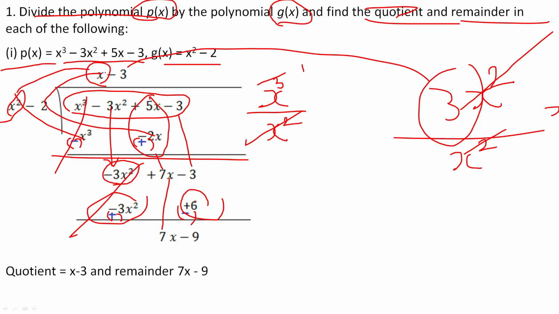Minus 3 plus 6 will make minus 9. This is actually called the remainder, and the top is called the quotient. So the quotient for the given cubic polynomial is x plus 3 and the remainder is 7x minus 9.